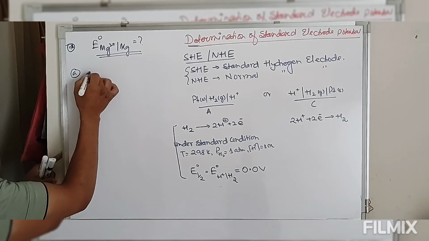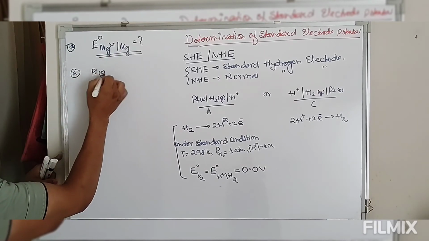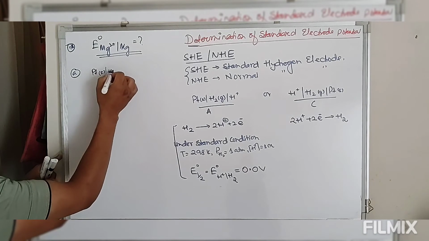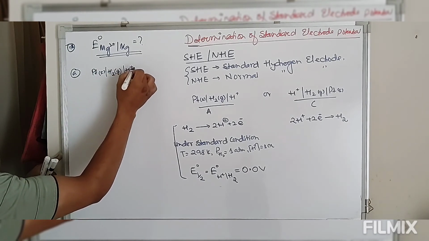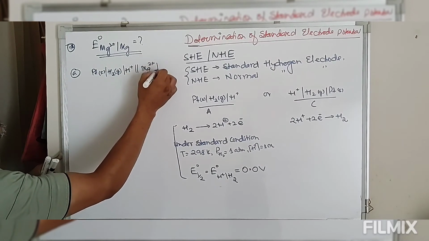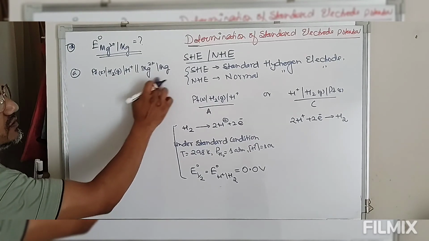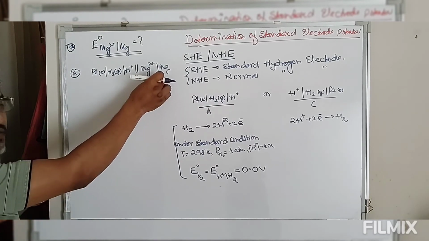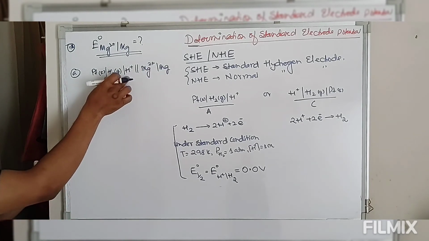We have this hydrogen electrode: platinum in contact with hydrogen gas in contact with H plus ion. Then we have magnesium 2 plus in contact with magnesium. We have to define the reduction potential of this electrode, and for that it is coupled with hydrogen.